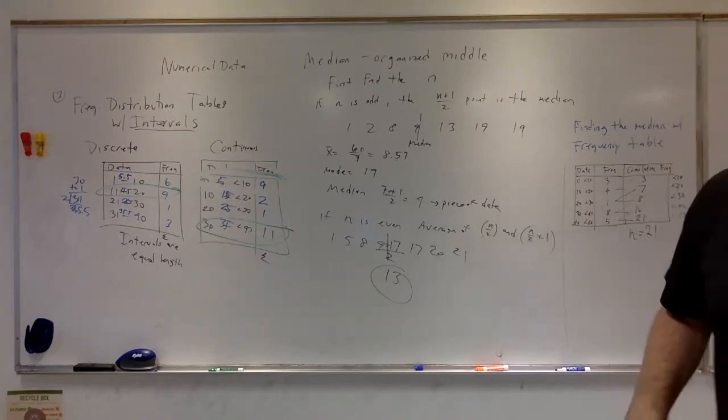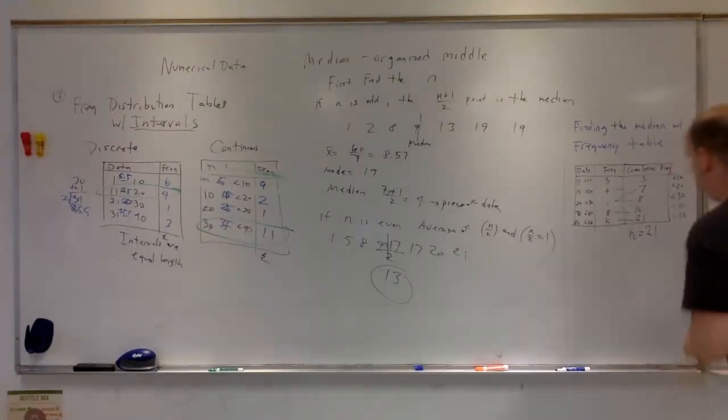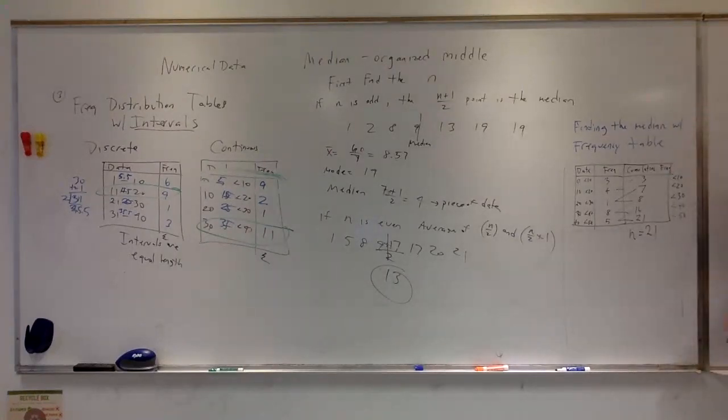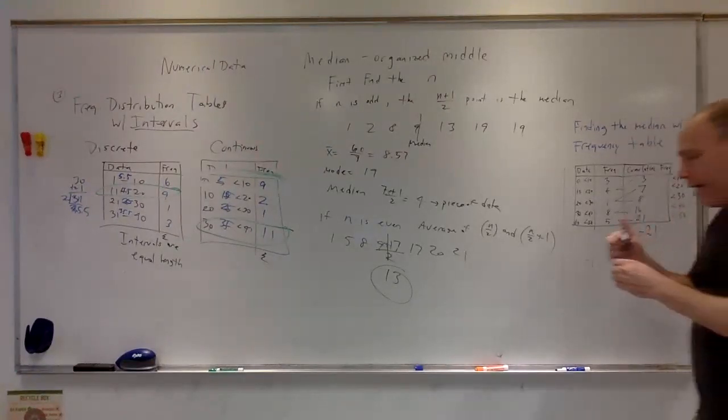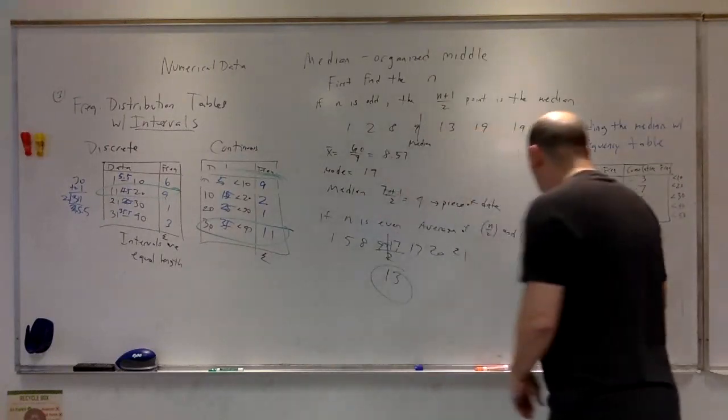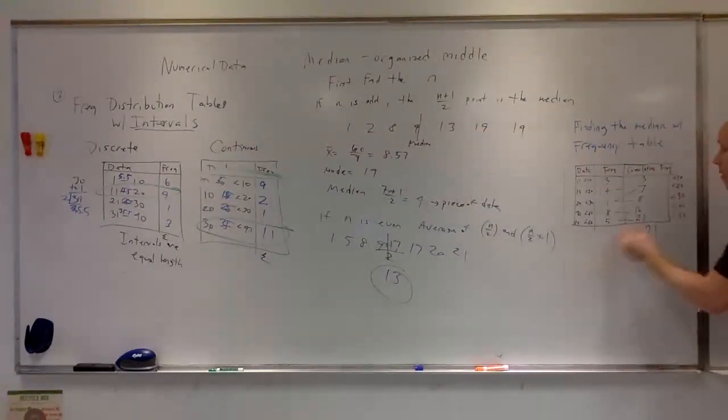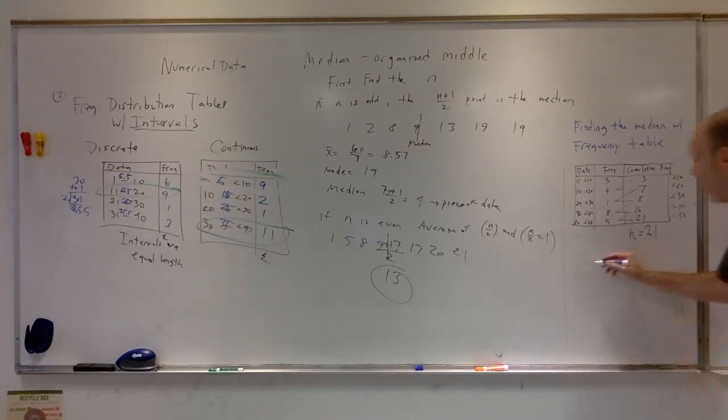Now, because you know how to find the median, we have an odd number. So how do we find the median? Well, we're lucky, it's odd.